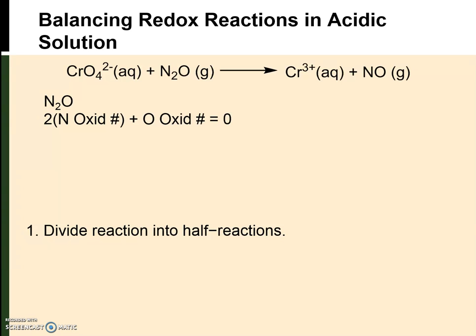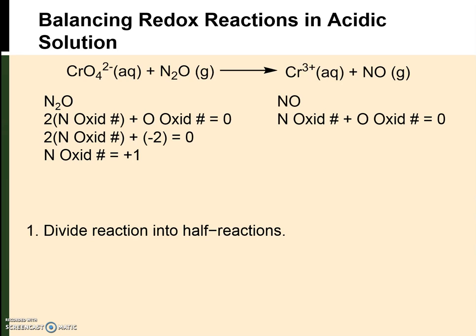The rule for oxygen is that it usually has a 2- charge unless it's bonded to fluorine, which is more electronegative than it, or if it's in a peroxide or superoxide. Neither of those is the case here, so we'll assume that the oxidation number of oxygen is -2. Now we just have to solve for the nitrogen oxidation number, which will turn out to be +1.